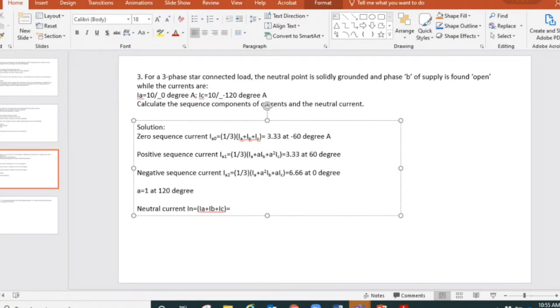So for that, it'll be 10 at an angle of minus 60 degrees. 10 at an angle minus 60. And interestingly, we should at an angle minus 60.